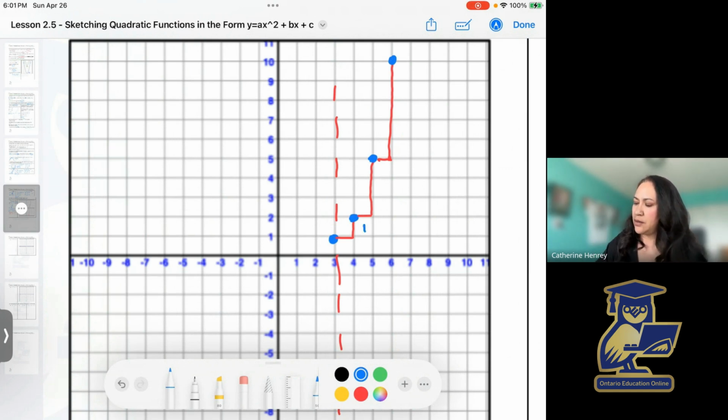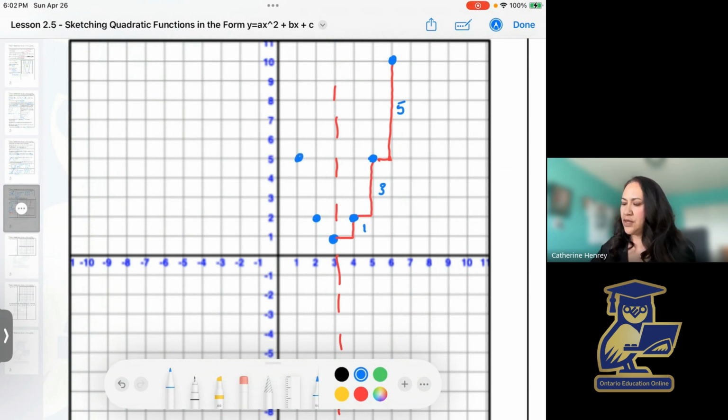That is 1, 3, 5. And I can use my symmetry to find the other ones. So a mirror image of (4, 1) should be at (2, 1). And a mirror image of (5, 5) should be at (1, 5).